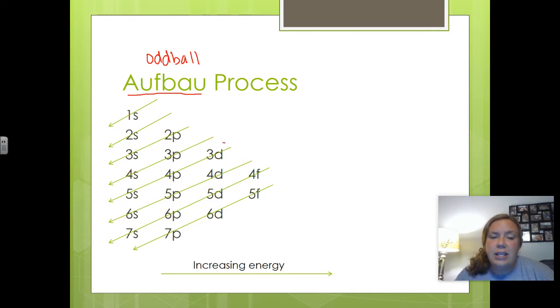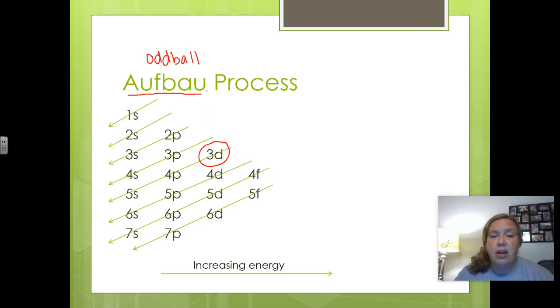Then this right here, you'll find very useful later, because you're going to go to 4s, and then you're going to want to say 4d, but you have to fill the 3d orbital first, and it's because of the Aufbau process. The 3d has less energy than the 4p, but greater energy than the 4s.